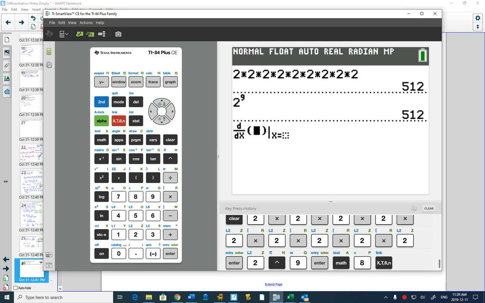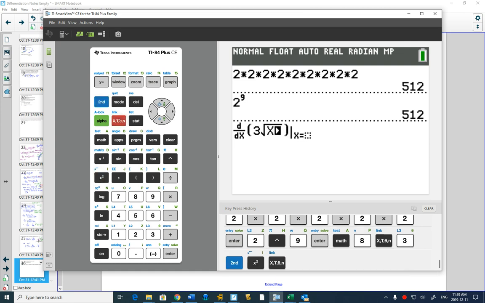So what did we want to find the derivative of? We wanted to find the derivative of 3 square root of x. That was our equation. And when did we want to find the derivative of that at? We wanted to find the derivative of that at 4. So what this function does is it says, I'm going to calculate the derivative at 4 of 3 root x.